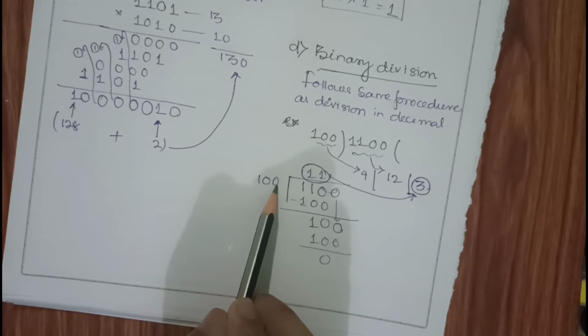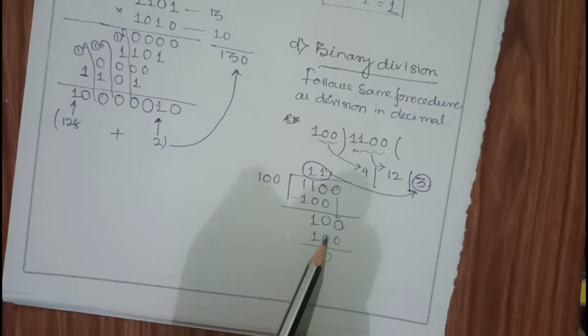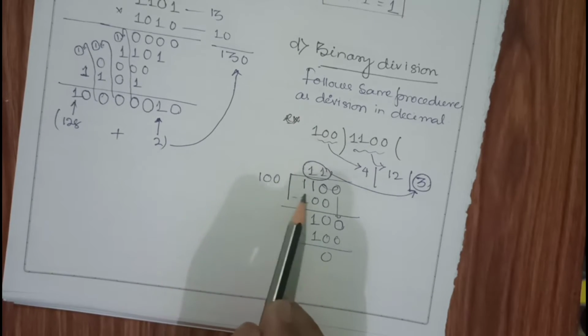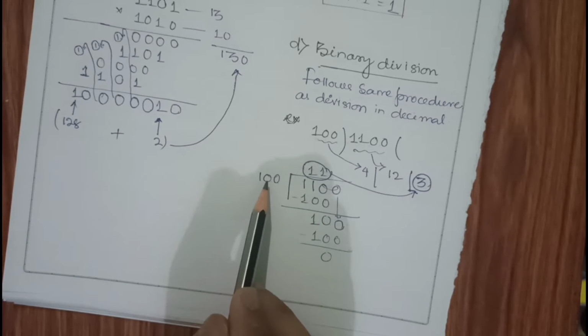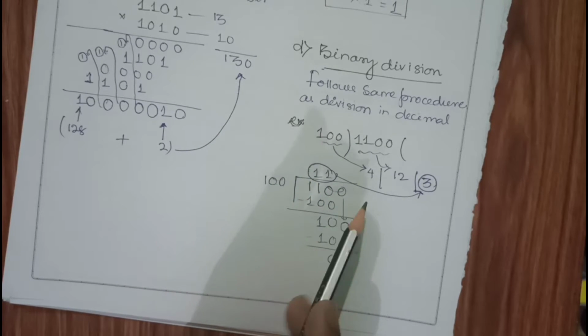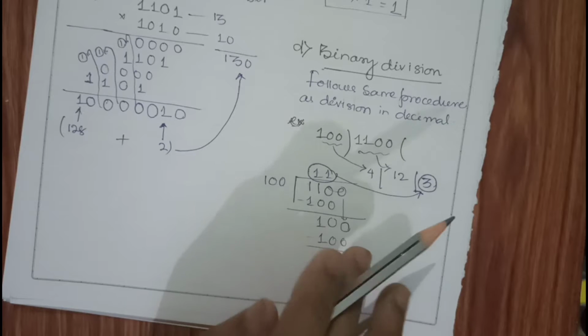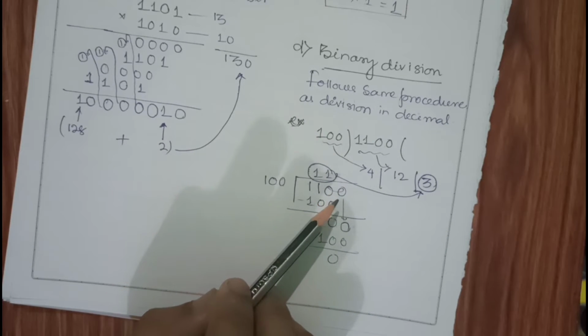So here also 1 0 0. So 1 0 0 into 1 will give me 1 0 0. Then I will subtract 0 0 0 0 0 1 1 0. That I am writing 0. So if I divide 1 1 0 0 by 1 0 0, you will get 1 1. Every time in binary arithmetic, addition, subtraction, multiplication, division, you do by your binary process.